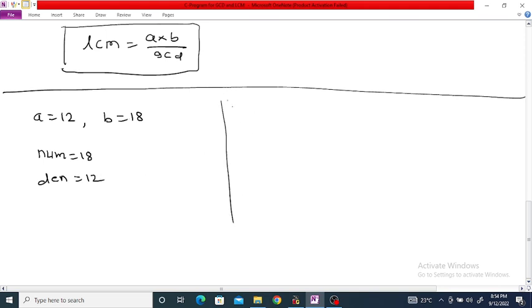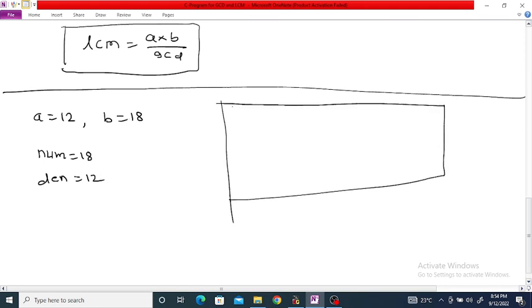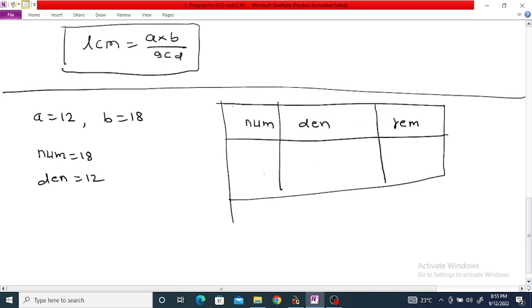And I'm going to make one table here, with numerator, denominator and remainder. Numerator is equal to 18, denominator is 12, and what is the remainder here?